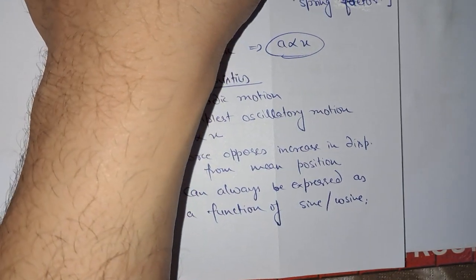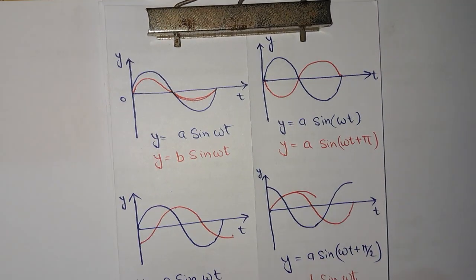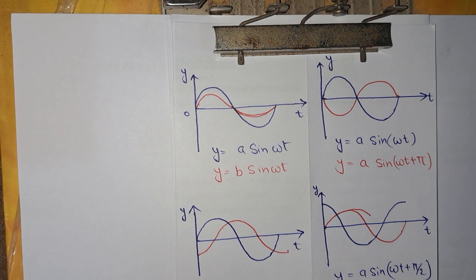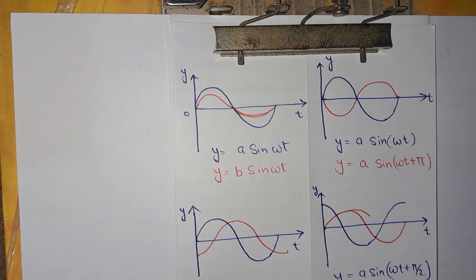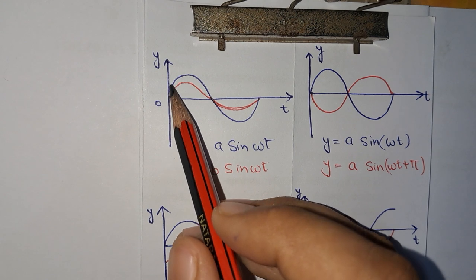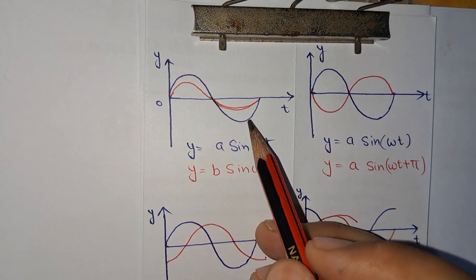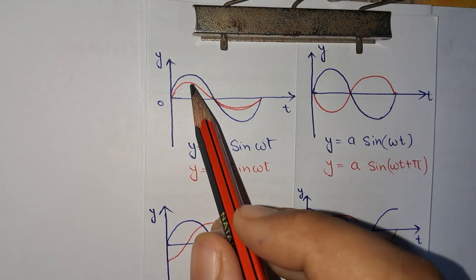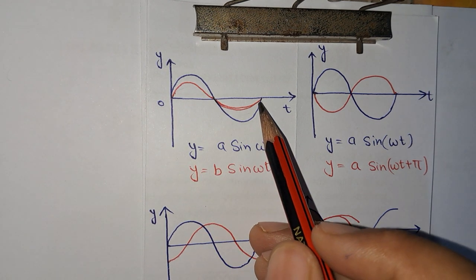Now, to understand this clearly, let us discuss some specific cases. Let us take that initially one particle was moving in this manner, and the other particle, shown by the red one, is moving in this manner.